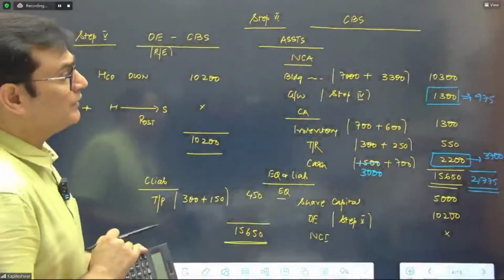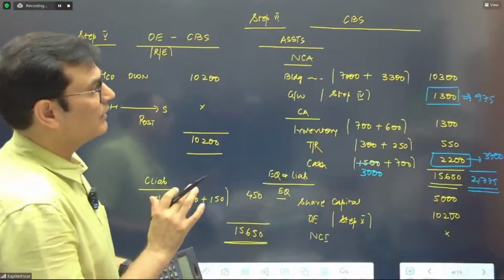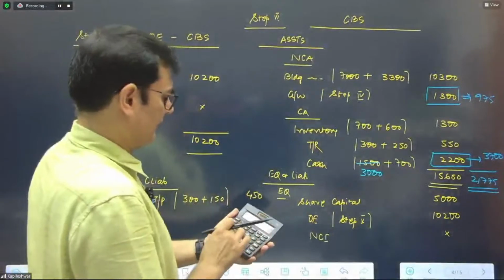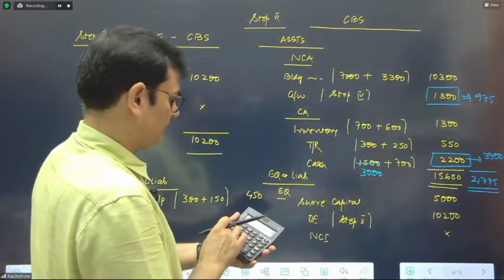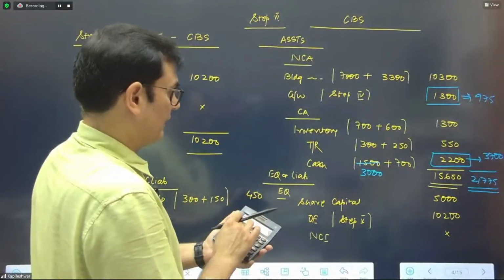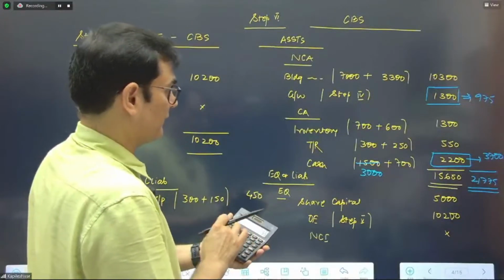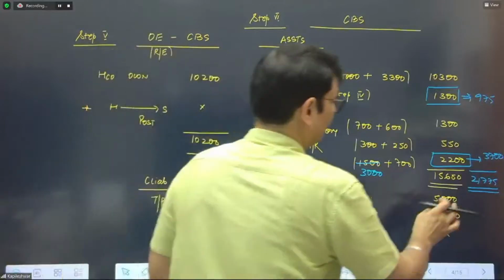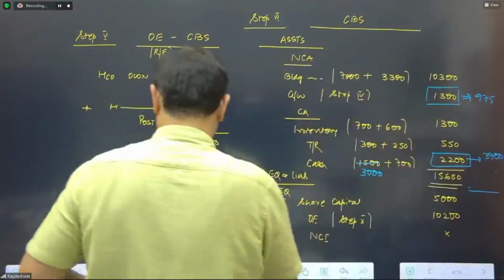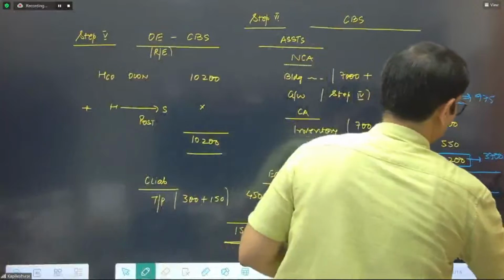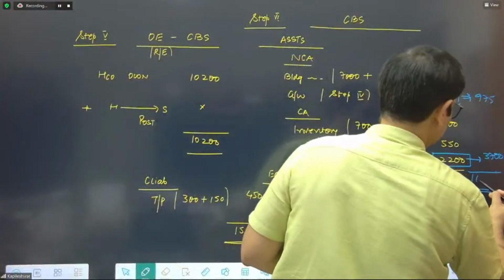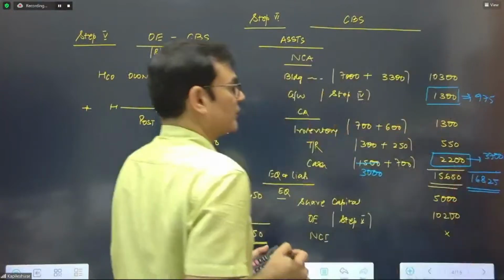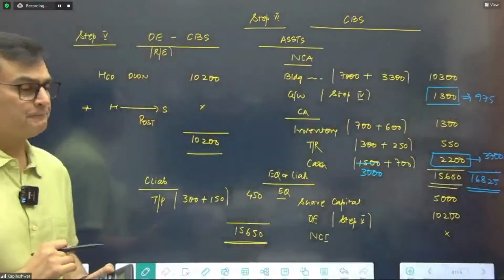Okay, and then we go further. Let me just check the total. 10,300, 975, 1,300. Sorry, this is an incorrect total. My mistake. So 16,825 is the total on the balance sheet now.